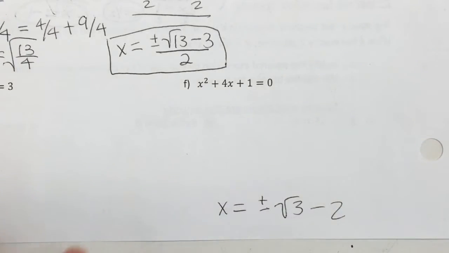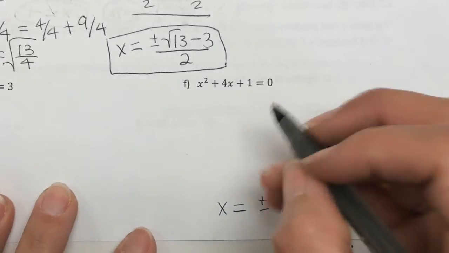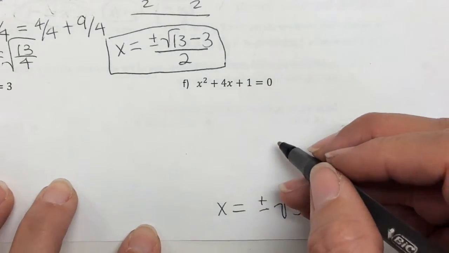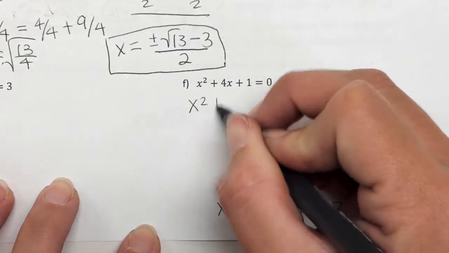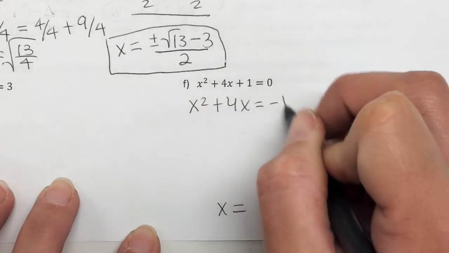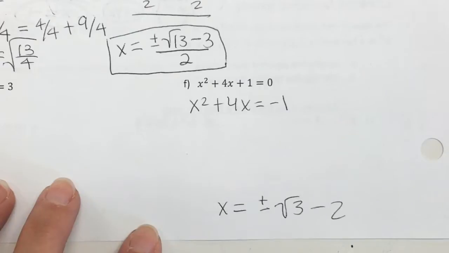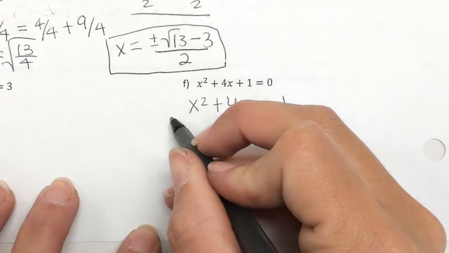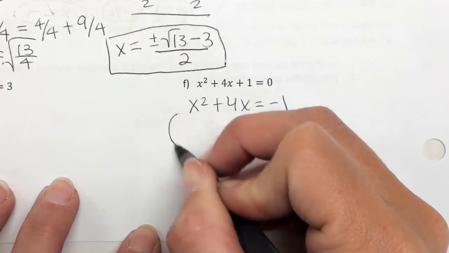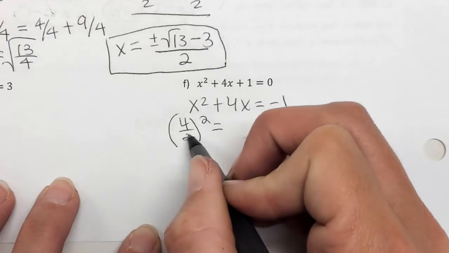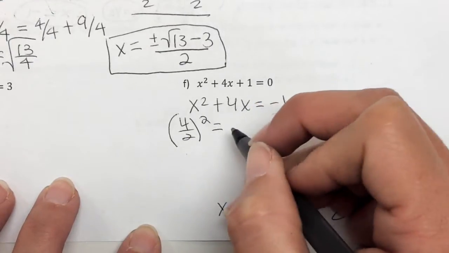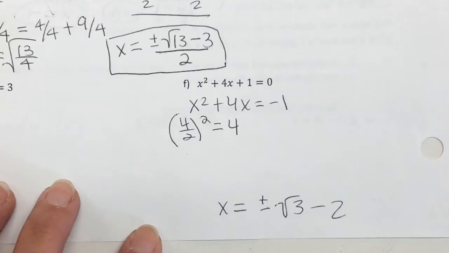So, starting with Amber. Tell me the first step to do here. Subtract 1. Good. So I'll get x squared plus 4x equals negative 1. Y'all stop me if you have a question about a step, okay? Alright, Darian, what do I do next? 4 over 2 squared. So this is 2, right? 2 squared is what? Sweet. What do I do with the 4, Justin?